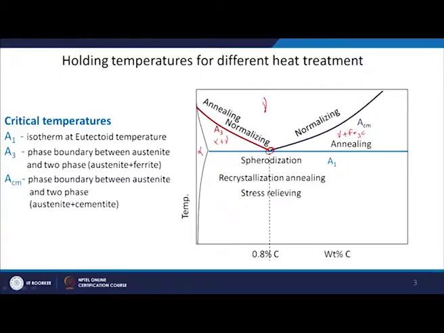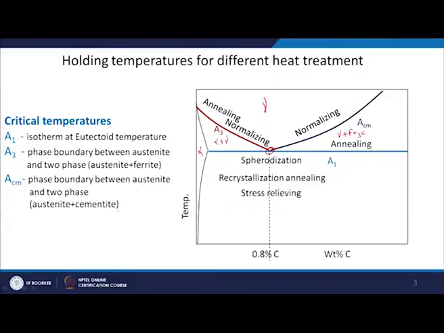As the composition of the alloy changes, the A3 temperature is going to change, that is obvious. A1 is the isotherm at the eutectoid temperature. A3 is the phase boundary between austenite and the two-phase austenite plus ferrite. ACM is the phase boundary between austenite and the two-phase austenite plus cementite.